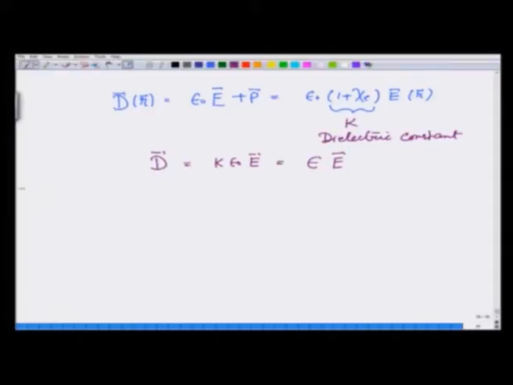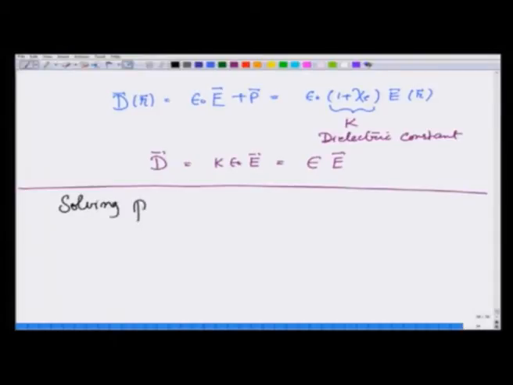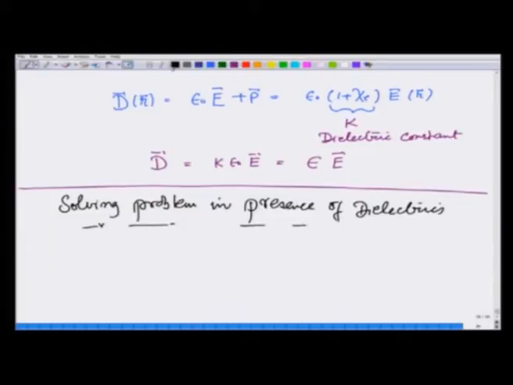Now, let us see what all I need to solve the problem in presence of dielectrics. What do we have? We have equations for D. Divergence of D is equal to rho free. That is one equation I have.